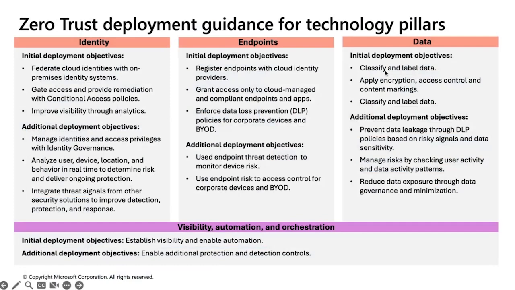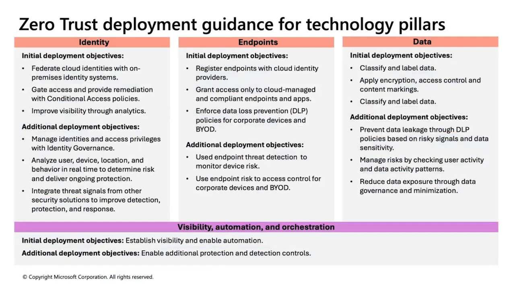Now, for data, we can definitely plan for classifying and labeling the data. Data classification is very important because in any organization, there would be different kinds of data like general, confidential, highly confidential, and secret data. So we should have clear visibility of what type of data we have in our organization and what kind of label should be there.